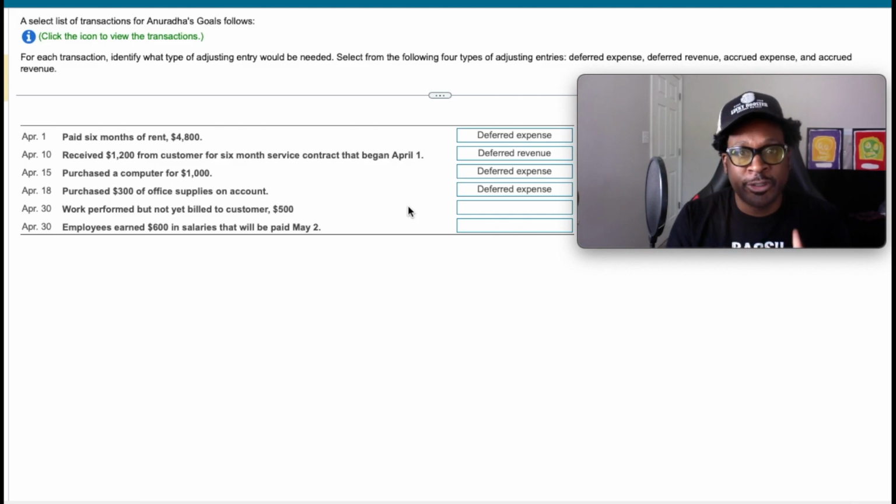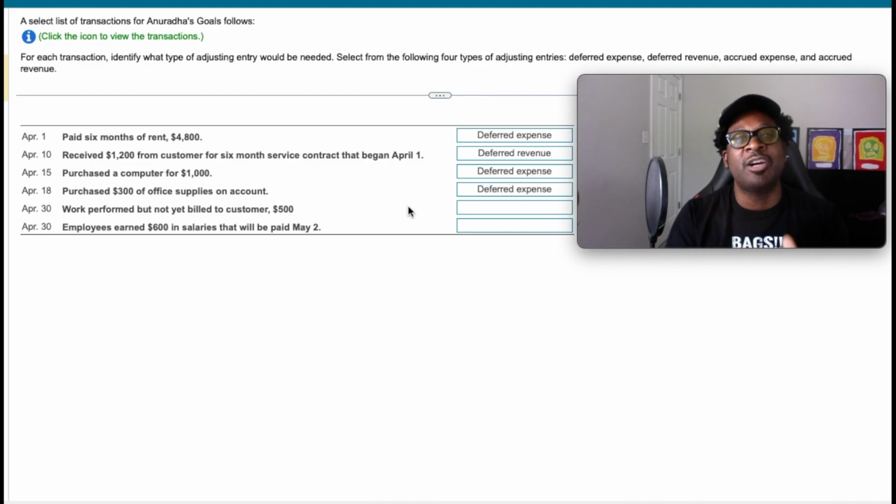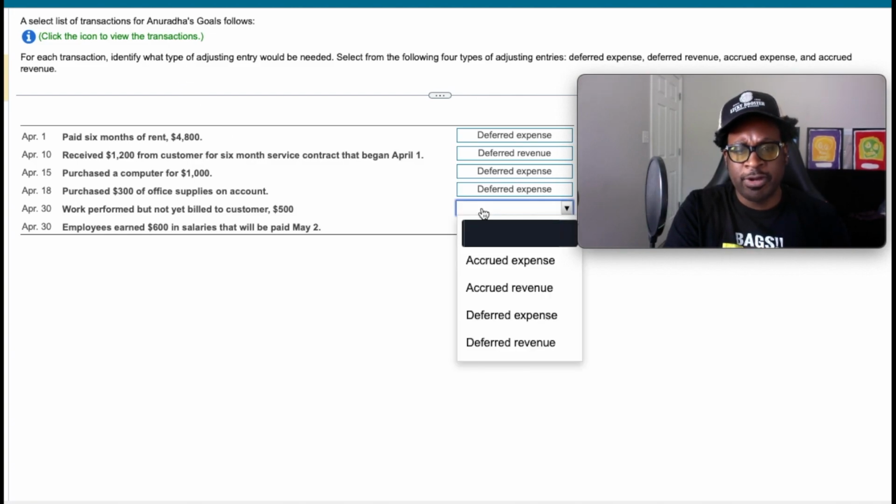Accrued revenues occur whenever revenues are earned, but we haven't received the cash for it yet, which means we have to set up an account receivable. So since this work was performed but hasn't been billed yet, this fits the proper entry. So we're going to consider this transaction to be an accrued revenue.